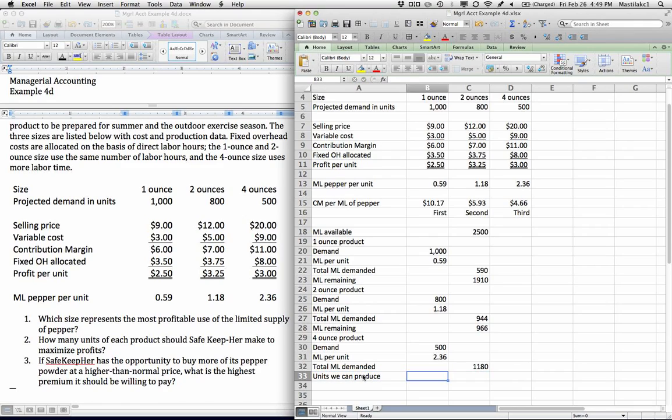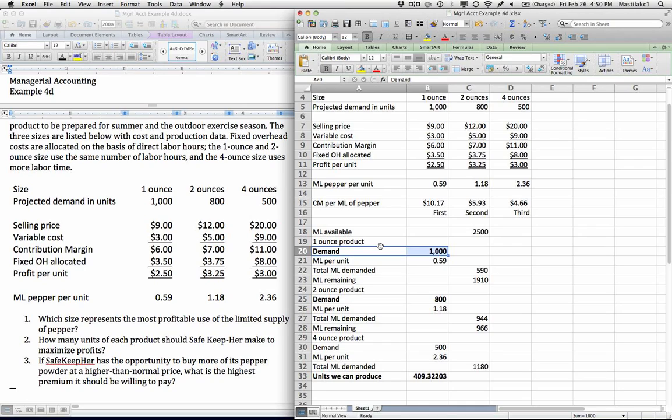We're going to take the 966 milliliters remaining, divide that by the 2.36 milliliters per unit, and so that tells us we can produce about 409 units of the 4-ounce product. So we're going to produce 409 of those, 800 of the 2-ounce product, and 1,000 of the 1-ounce product.